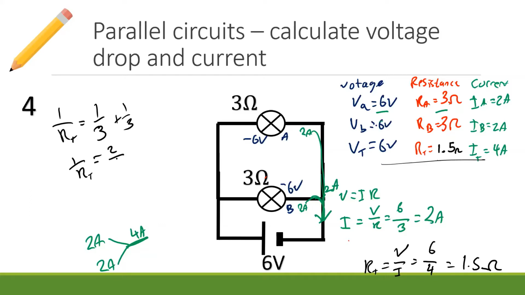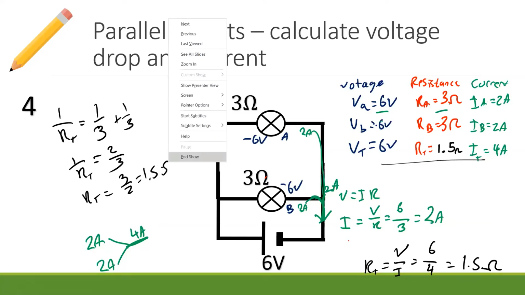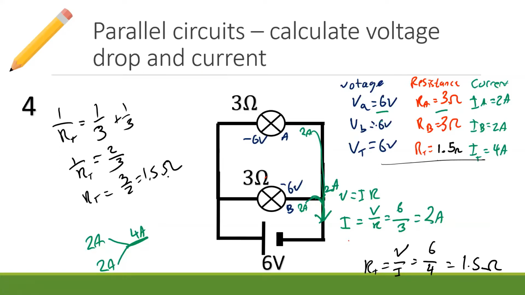But I have a tendency to make mistakes. I just made a mistake there. So yeah, you can use that method instead. But if you can just use the V equals IR formula, I usually just prefer to do that. It's just usually a bit easier.